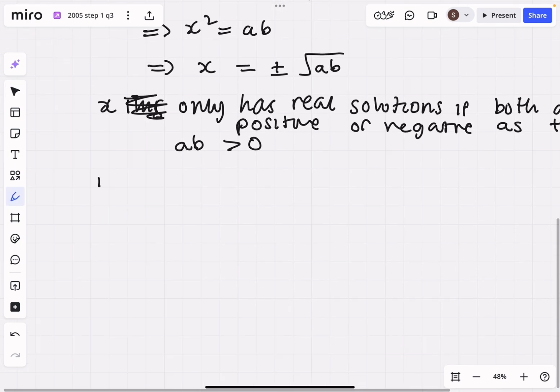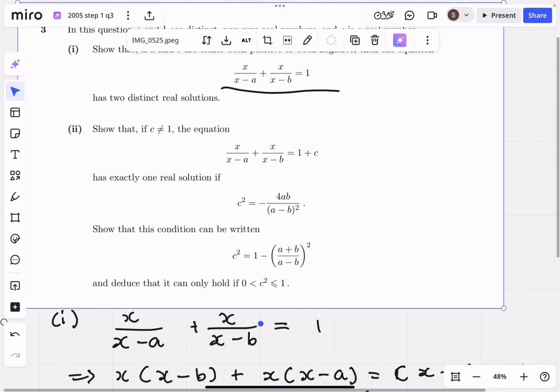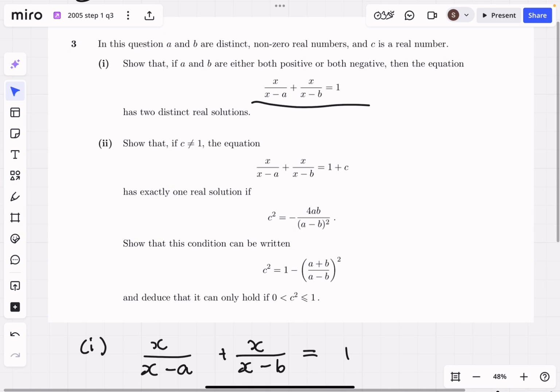Now let's move on to the next part, part two. Show that if c is not equal to 1, then this equation has only one real solution if c squared equals minus 4ab over (a minus b) squared.